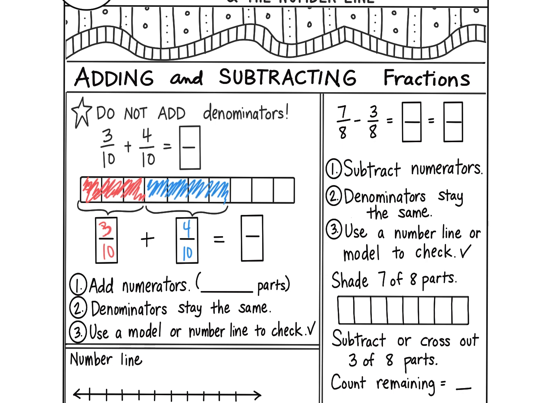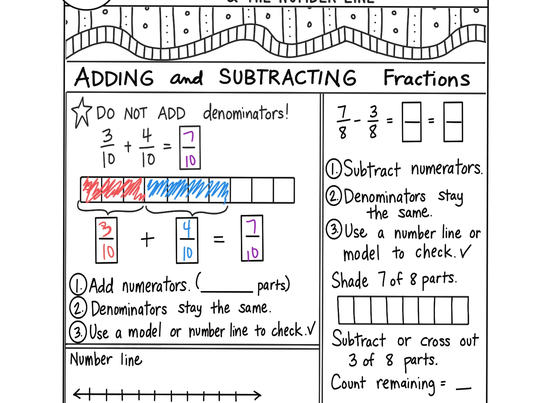I'm using different colors so that you can see it. This time I'm going to shade 4 of those 10 total pieces. So in all, whenever I combine my 2 shaded pieces together, what do I end up with? 7/10.